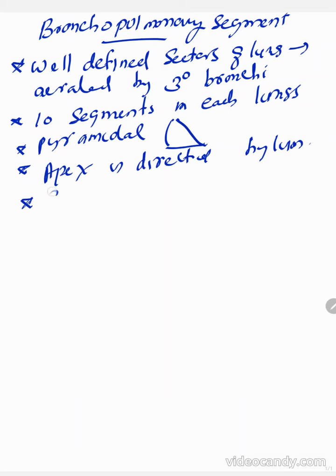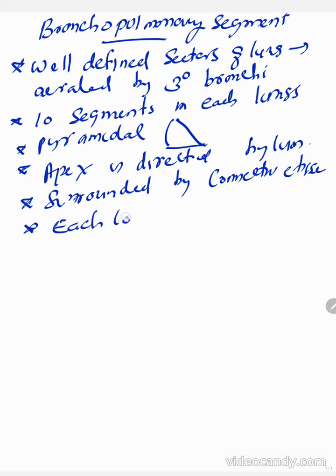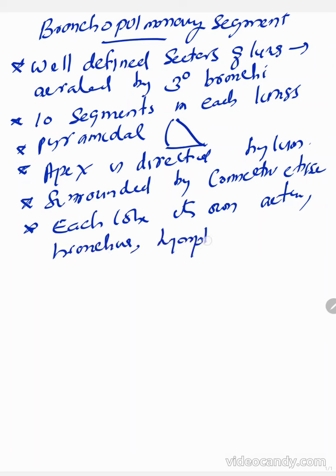They are surrounded by connective tissue, and each segment is independent. I told you, each has its own artery, bronchus, lymphatic drainage, everything. So these are the features of the bronchopulmonary segment.